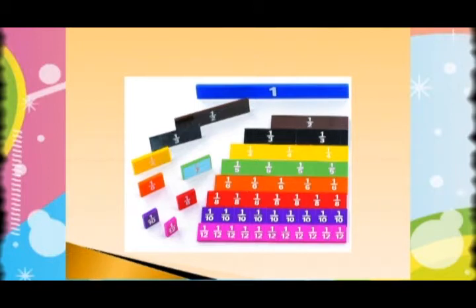Look at a half, and look at a third. Look at a quarter. What do you notice about the size of those tiles as the denominator gets larger? You will notice that the larger the denominator, the smaller the fraction tile is. Did you notice that? Take a look again.